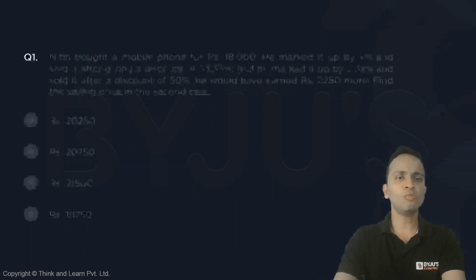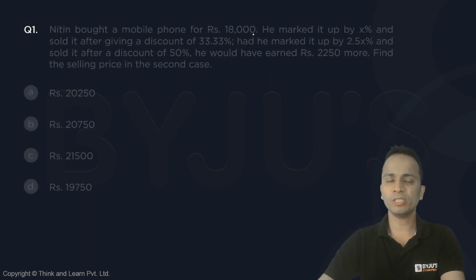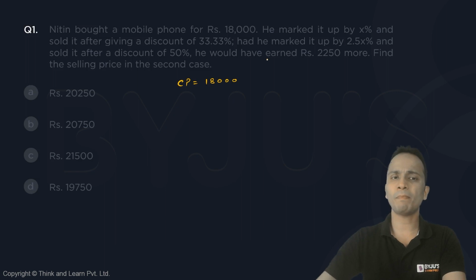Now, Nikhil bought a mobile phone for rupees 18,000. So cost price is given as 18,000. For both cases, obviously it will be 18,000. Now, in the first case, he marked it up by X percentage. So market price in the first case will become 18,000 plus X percentage of 18,000.